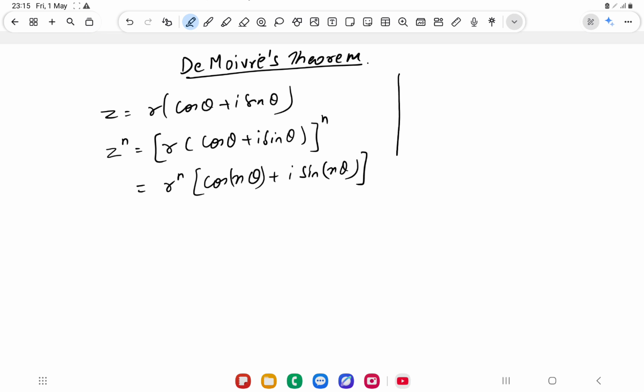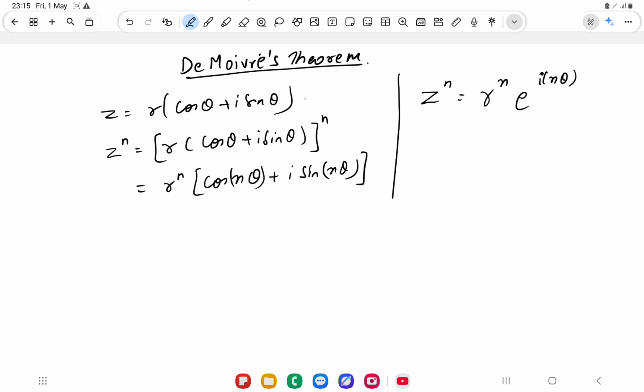Now this was all about polar form. What if I want to write z to the power n in Euler form? Again, it will be r to the power n and e to the power i n theta. So we will never be doing theta to the power n. We multiply the argument by n and raise the modulus to the power of n.